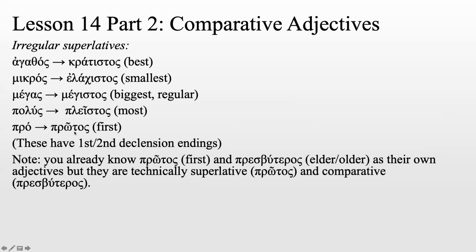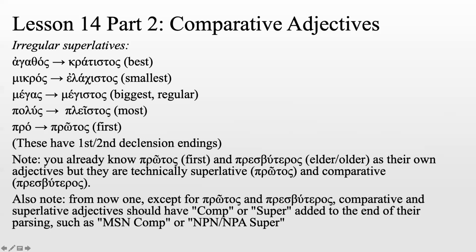Notice you already know protos, first, and you already know presbyteros, older or elder, as their own adjectives, but they are technically superlatives. Protos is a superlative, and presbyteros is a comparative. You see the tear in there. You just never learned presbos or whatever else it would have been, which would be old, but we learned it as presbyteros, which is older or elder.